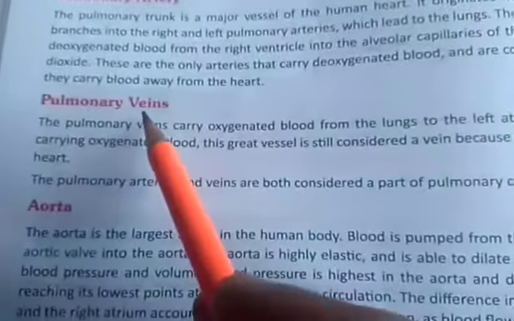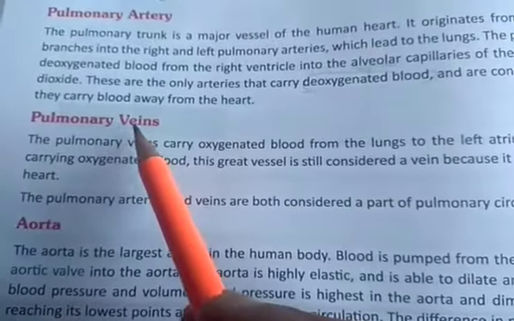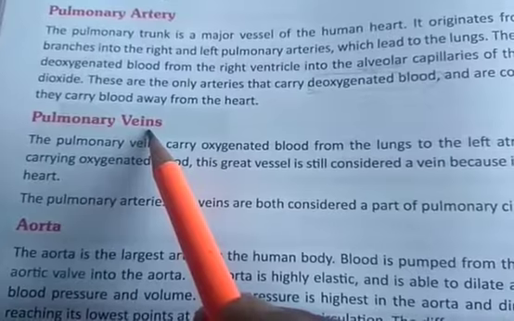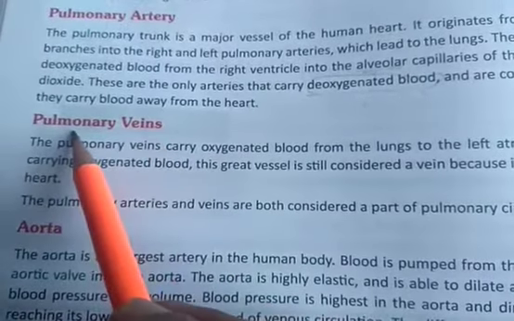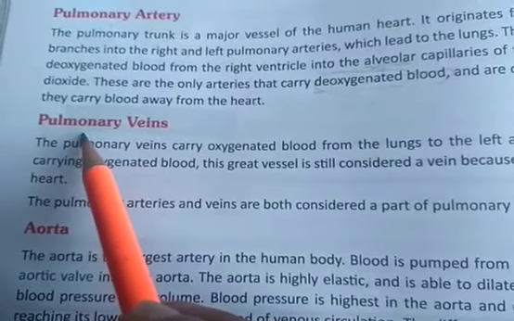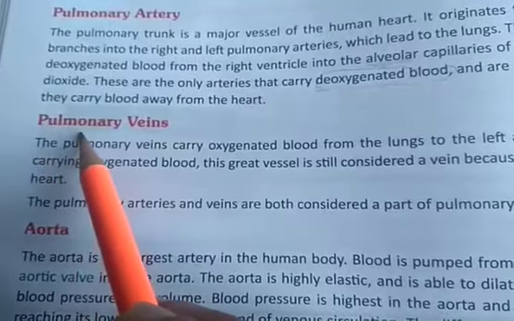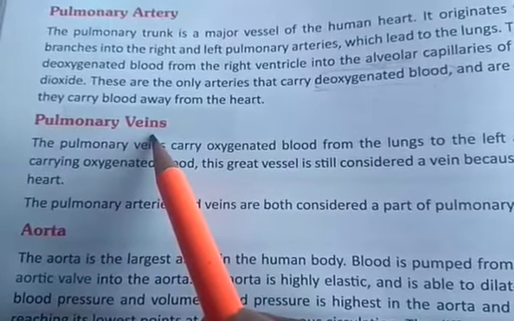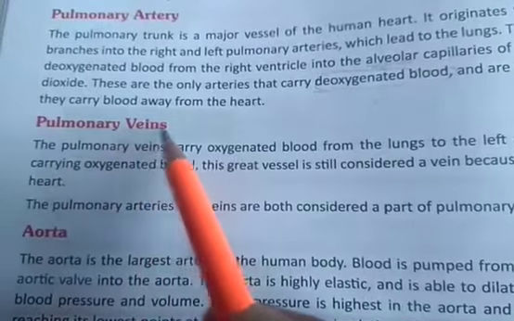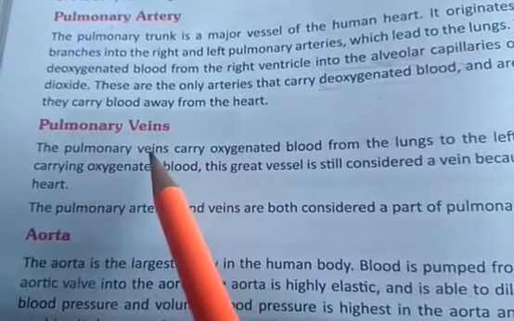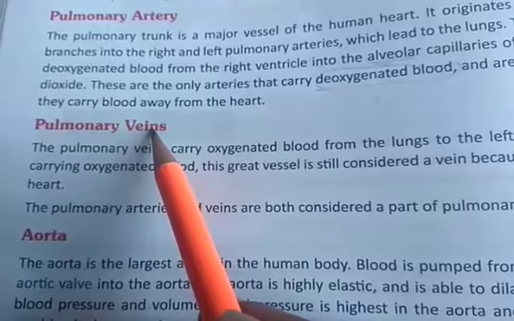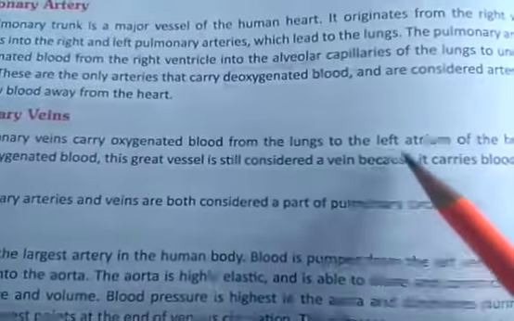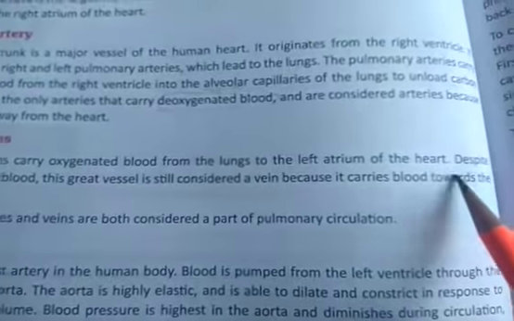Now pulmonary veins. Once again, you know the function of veins: they carry deoxygenated blood. But if I say pulmonary, a vein present between the heart and the lung is called the pulmonary vein. There is an exception in the pulmonary vein: it carries oxygenated blood. The pulmonary veins carry oxygenated blood from the lungs to the left atrium of the heart.